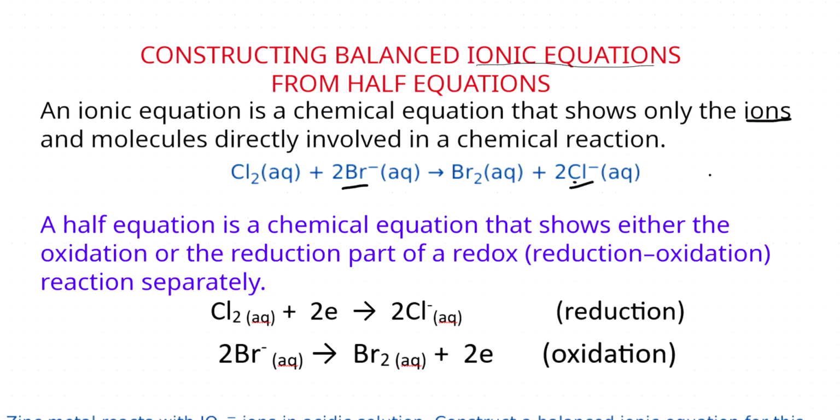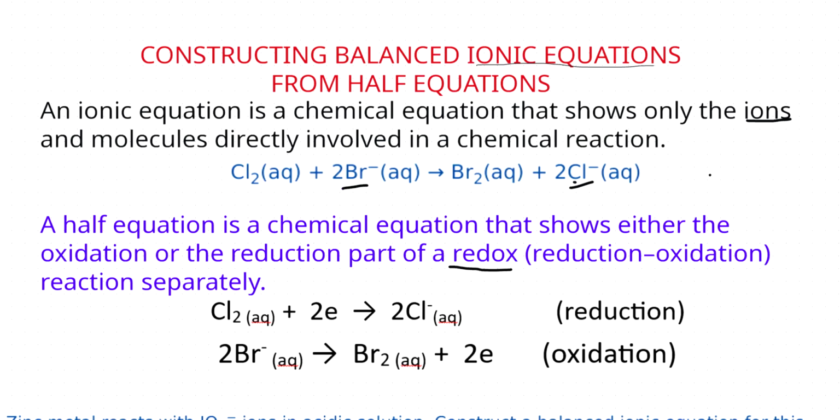Furthermore, what is a half equation? A half equation is a chemical equation that shows either the oxidation or the reduction part of a redox reaction. Now, what is a redox reaction? A redox reaction is a reaction in which reduction and oxidation are occurring simultaneously.